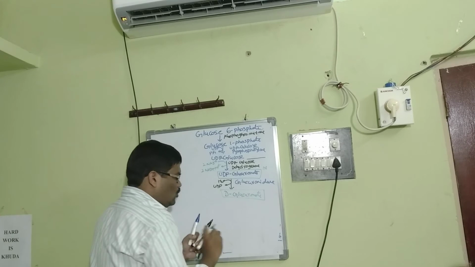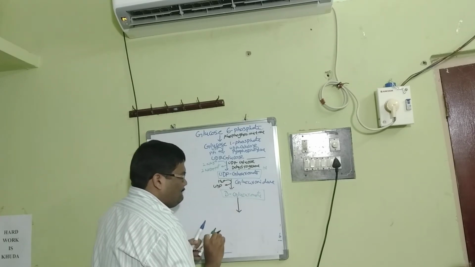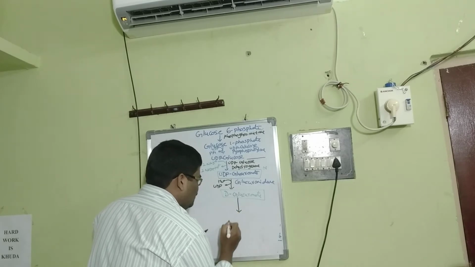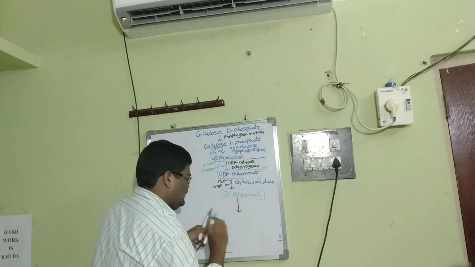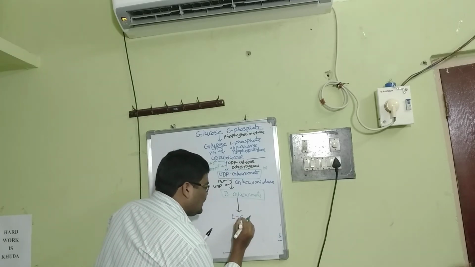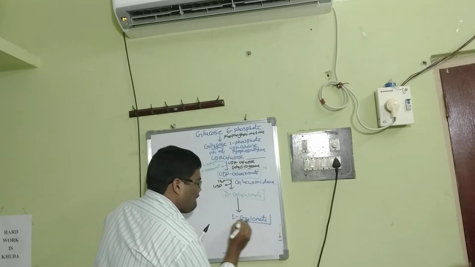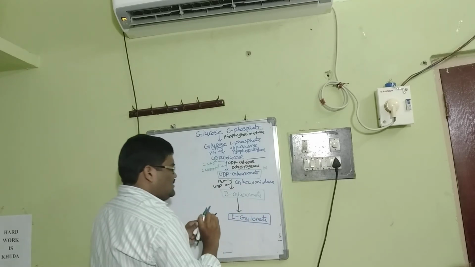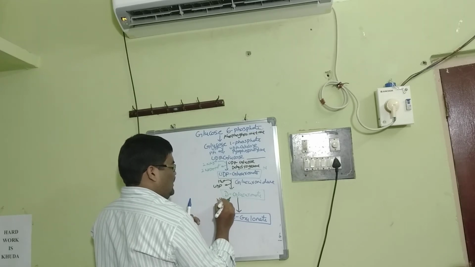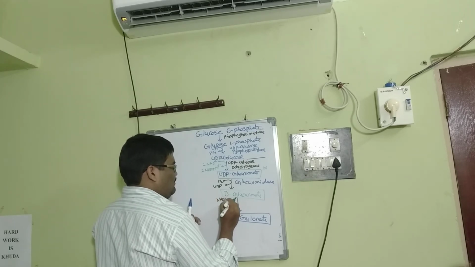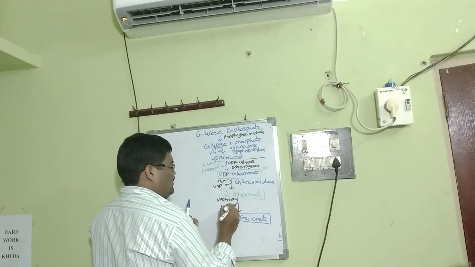And this D-glucuronate is converted to L-gluconate simply by a reducing agent, NADPH plus H plus going to NADP plus.